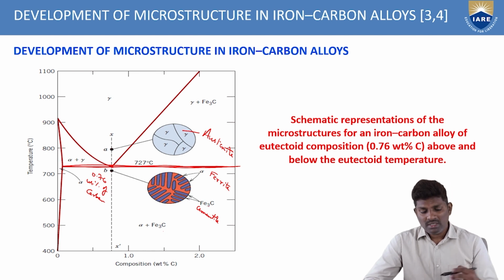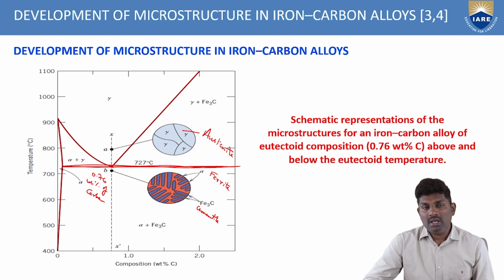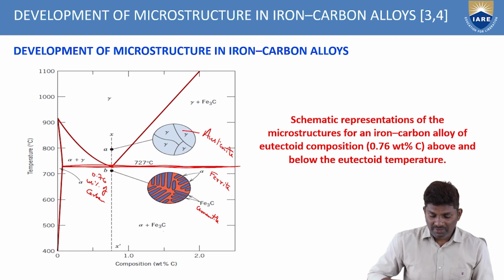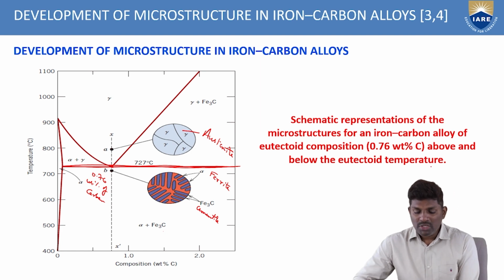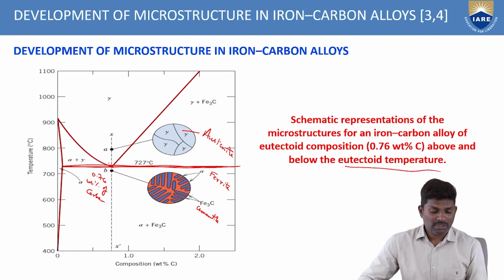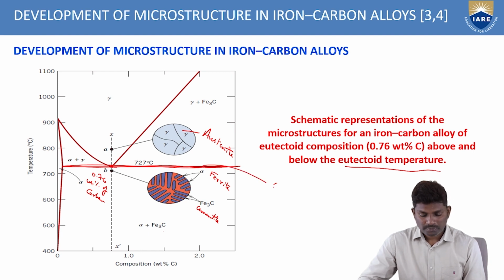These are the different developments of the microstructures during cooling at 0.76 weight percentage of carbon. This is called the eutectoid temperature.